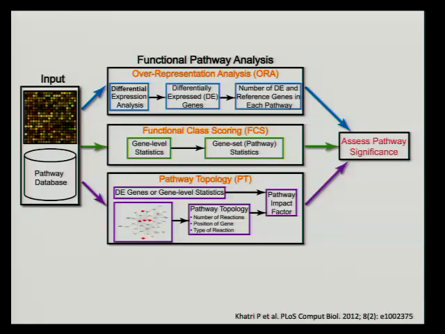So people came up with so-called pathway topology-based data analysis, trying to consider this kind of topological structure, including the number of reactions, the position of genes or proteins, and what type of reactions are involved. One approach developed for this, not that popular right now, is called SPIA, for signaling pathway impact analysis.